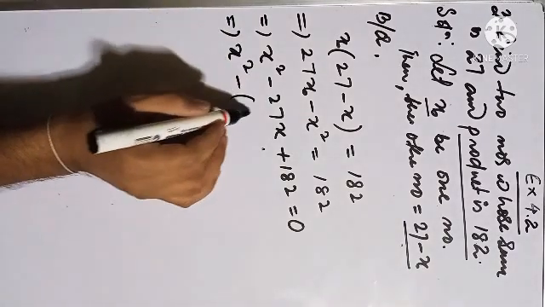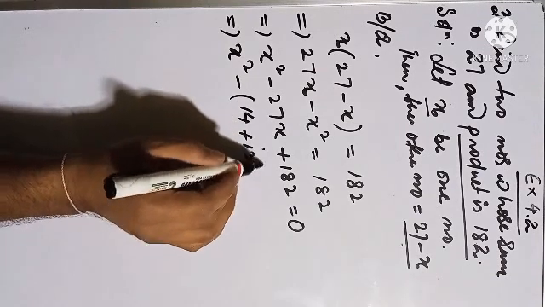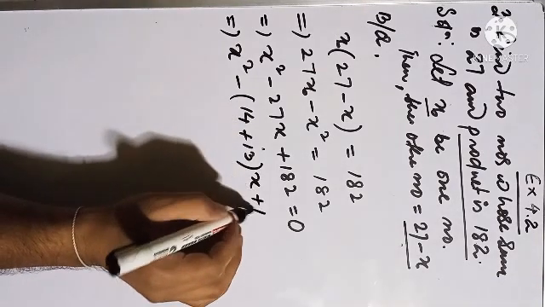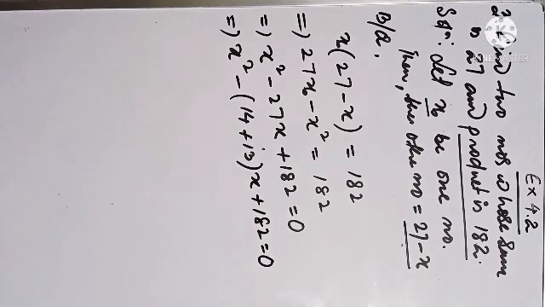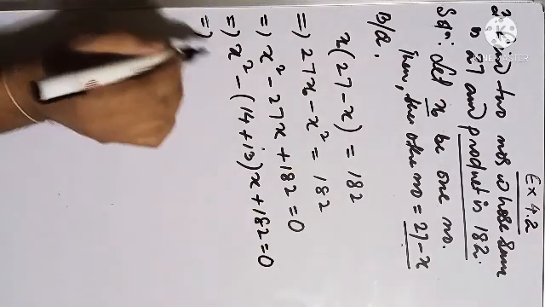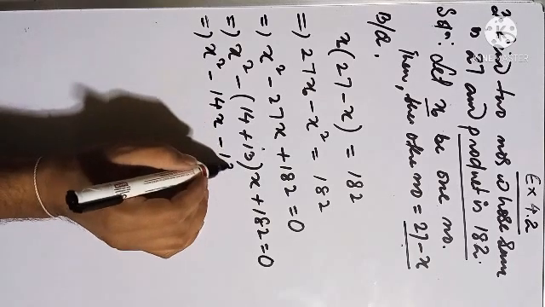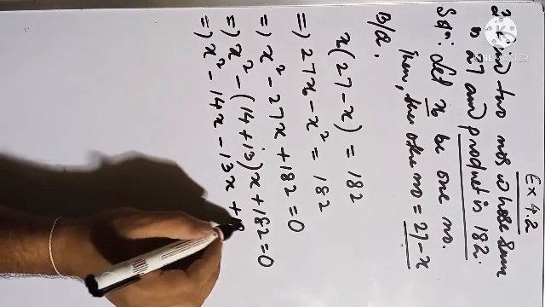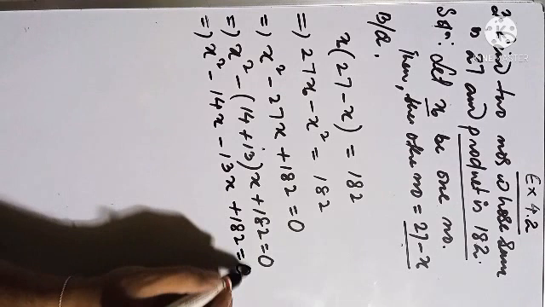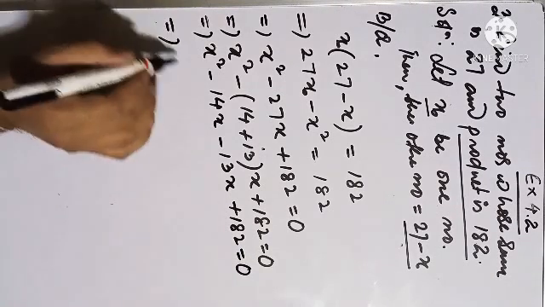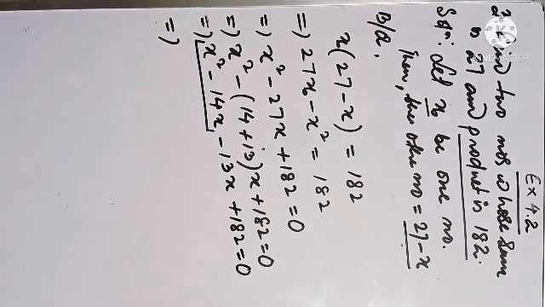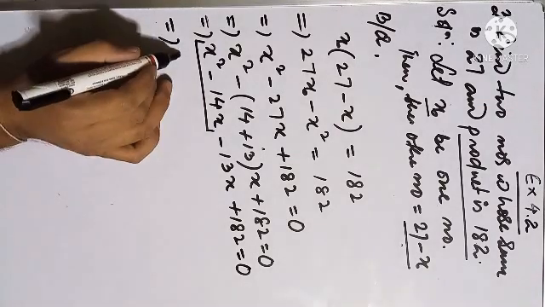x square minus 14x minus 13x plus 182 equals 0. And then from these two terms, I can take x common.